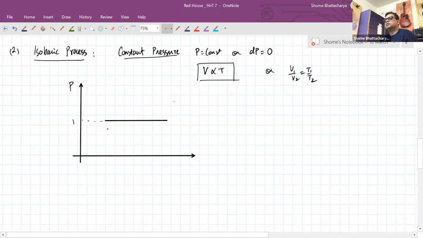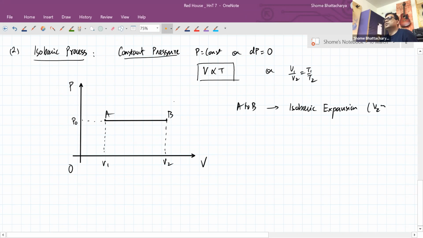So at some pressure P naught, let's say, this volume is V1 and this volume is V2. So this A to B is an example of isobaric expansion because V2 is greater than V1, whereas B to A would represent an isobaric compression.